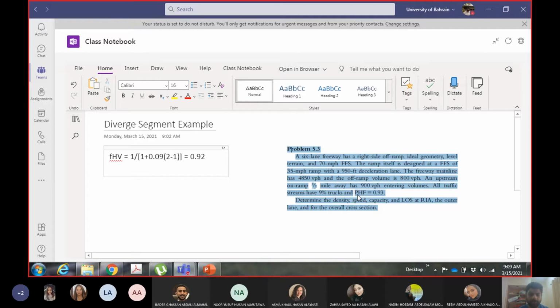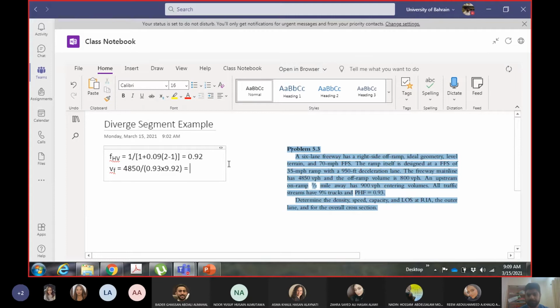So the flow for the freeway will be 4850 divided by 0.93 times 0.92.